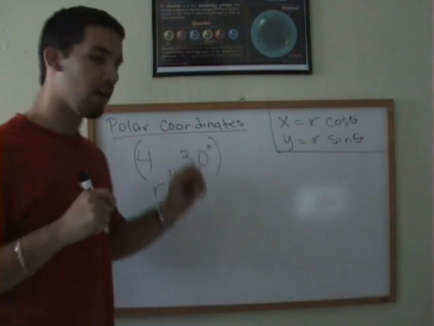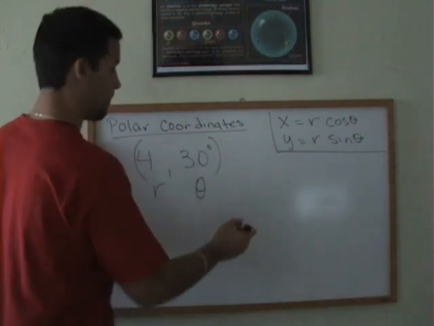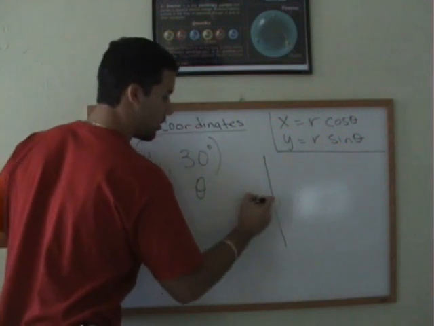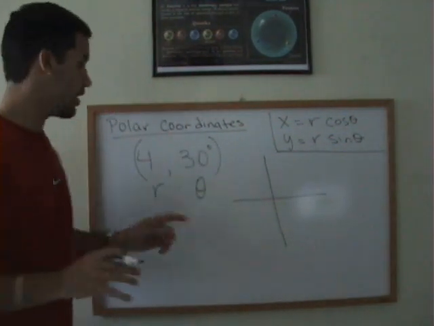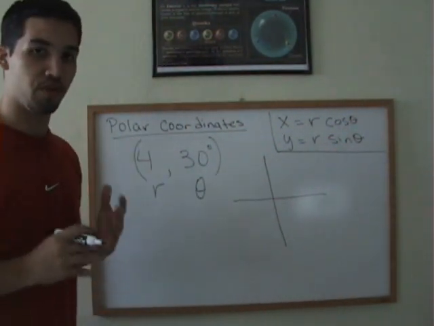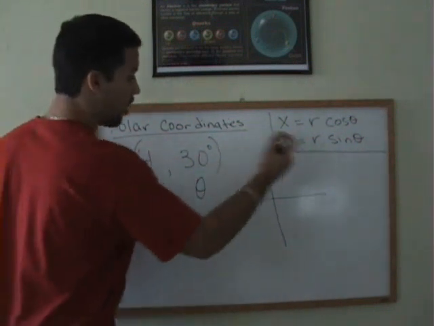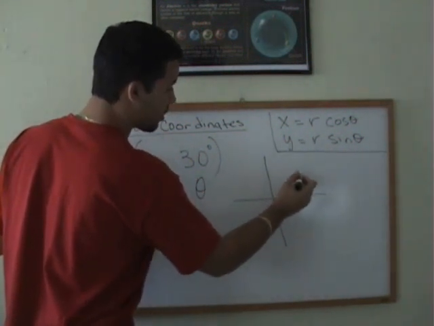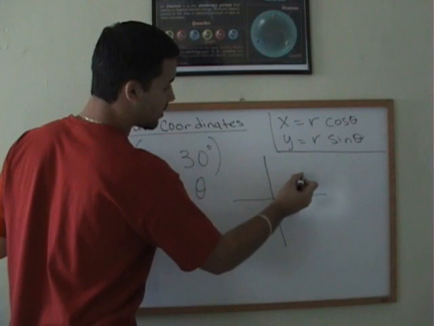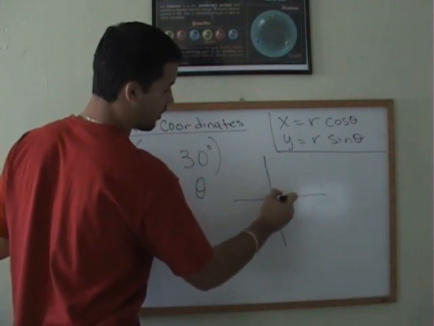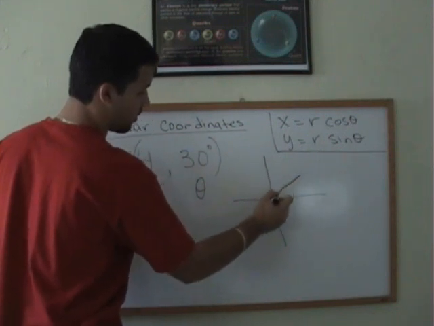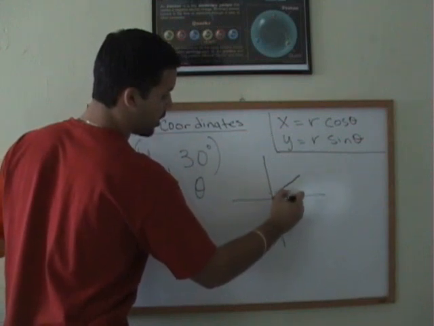So how do we plot this point on a Cartesian plane? Okay, the first step is to look at the angle. It's 30 degrees. So on the Cartesian plane, 30 degrees is more or less somewhere here. More or less, that's 30 degrees.